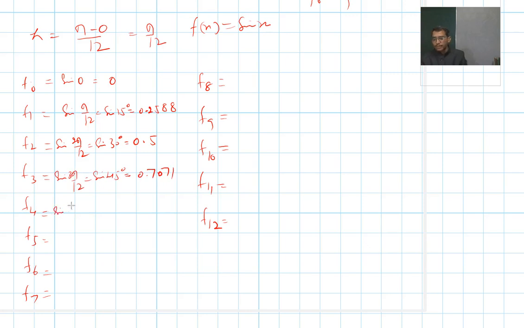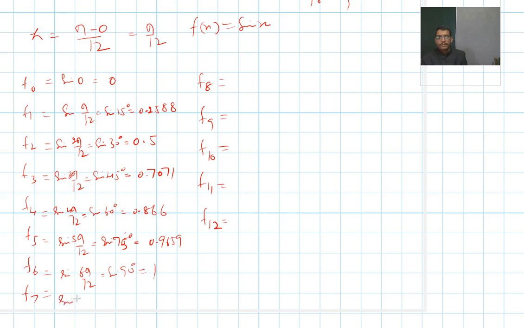Sine of 4 pi by 12 is sine of 60 degrees, equal to 0.866. Sine of 5 pi by 12 is sine of 75 degrees, and its value is 0.9659. Then sine of 6 pi by 12 is sine of 90 degrees, and its value is 1.